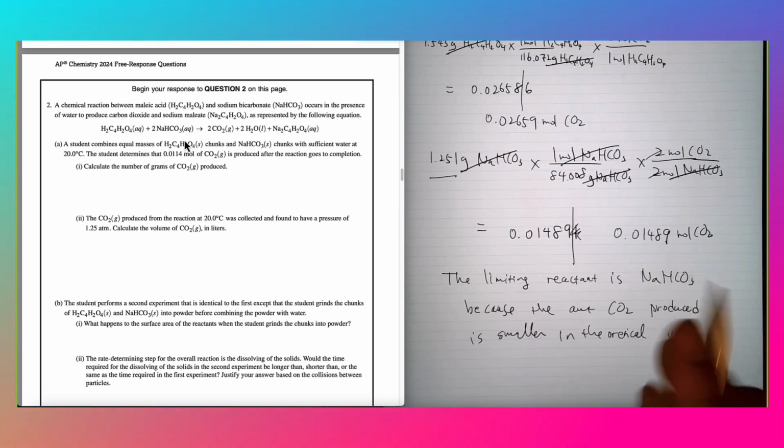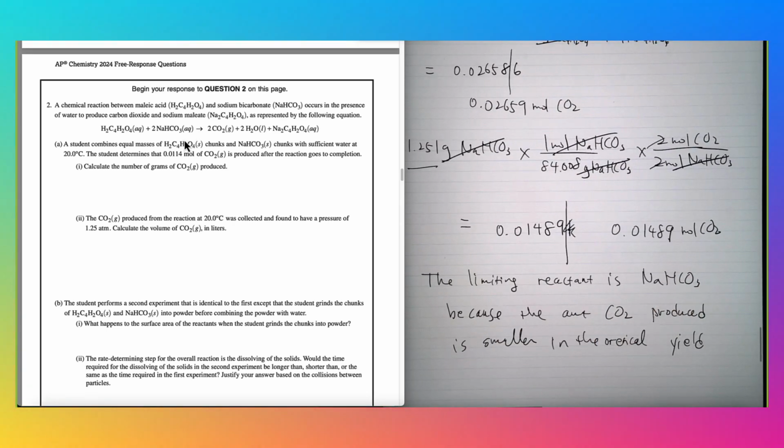Okay, it's smaller. So that's how you answer the limiting reactant question.